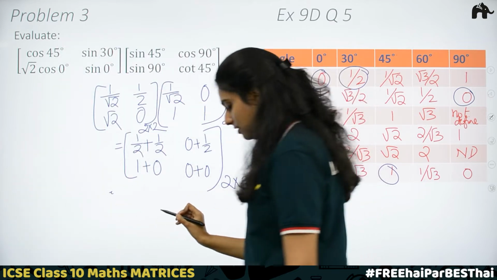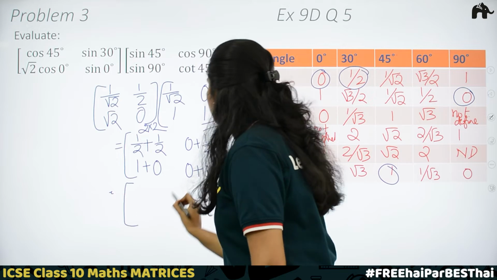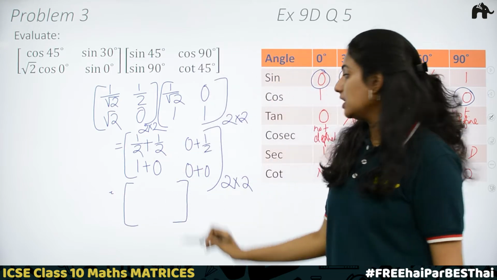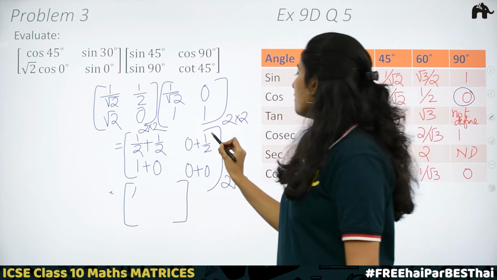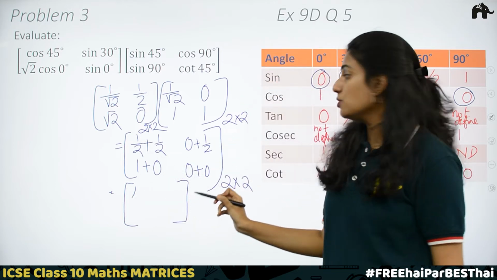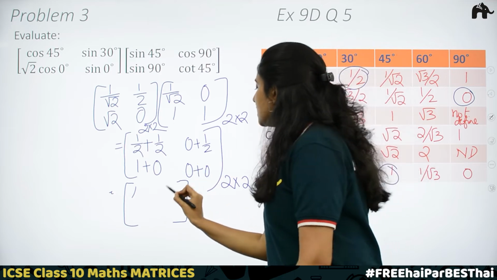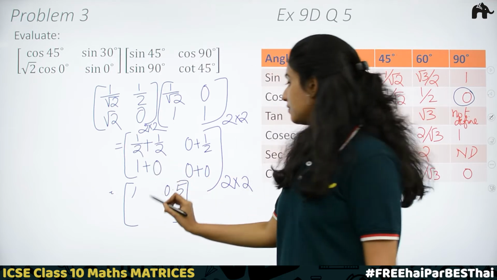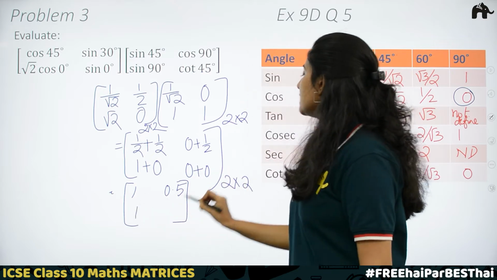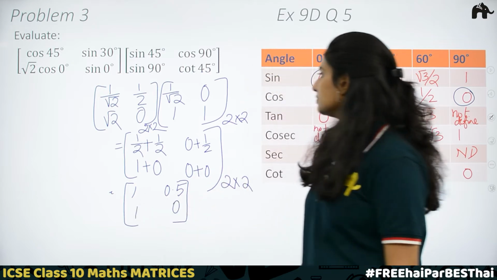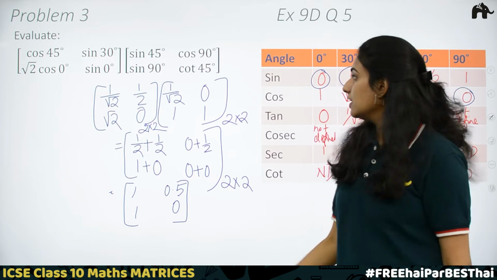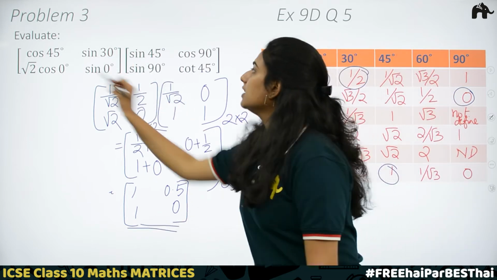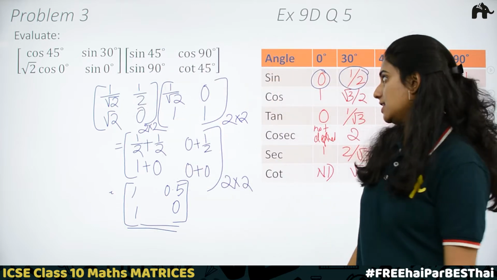We will be having the matrix: 1 by 2 plus 1 by 2 is 1. 0 plus 1 by 2 is 1 by 2, which is 0.5. 1 plus 0 is 1. 0 plus 0 is 0. Okay. So this is the required value of the given product of matrices.